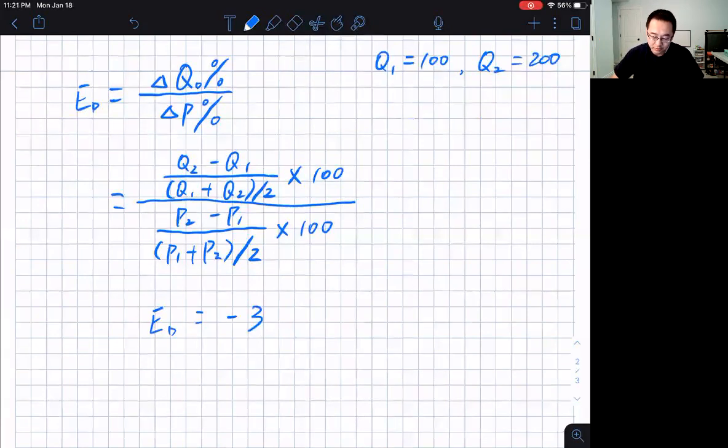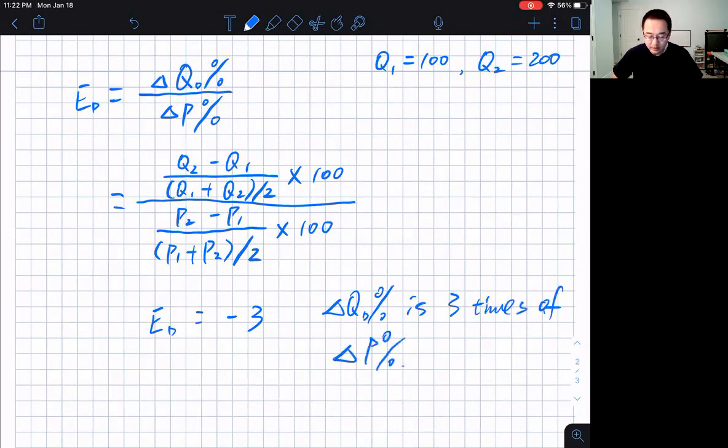And then that 3 simply tells you the percentage change in quantity demanded is 3 times your percentage change in price. After all, your elasticity is the quantity change divided by the price change.